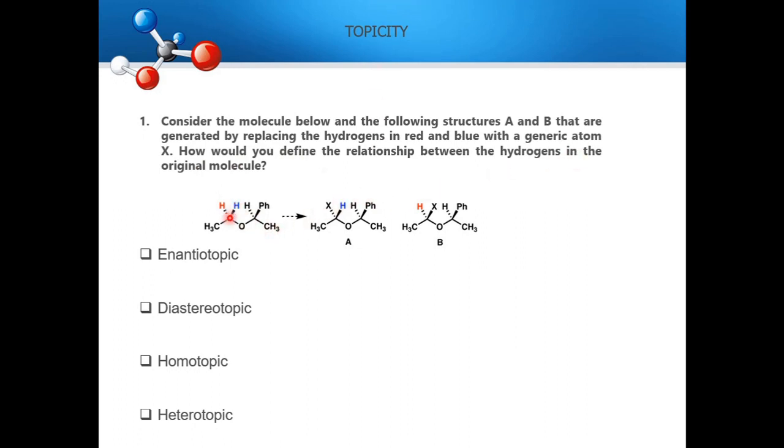So we are going to replace the hydrogens which are highlighted in red and blue with some ligand X. When we do that, we get two molecules and we need to identify the relationship between these two molecules. But before that, we need to closely watch this particular molecule.